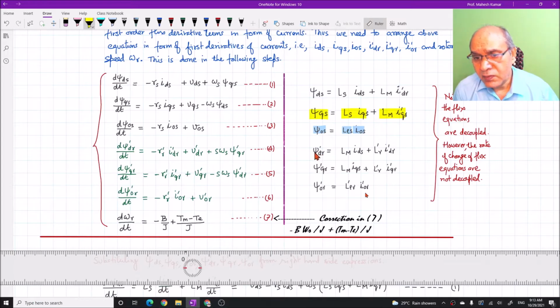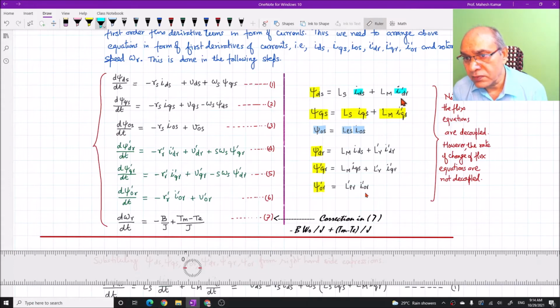For the rotor side we have psi dr dash, psi qr dash and psi 0r dash. So these are the expressions for the flux linkages on the stator side and on the rotor side for the d, q and 0 axis. Remember, these flux equations are decoupled. What is the meaning of decoupled? You can see here that psi ds depends upon ids and idr dash, only d axis quantities for the rotor and the stator.